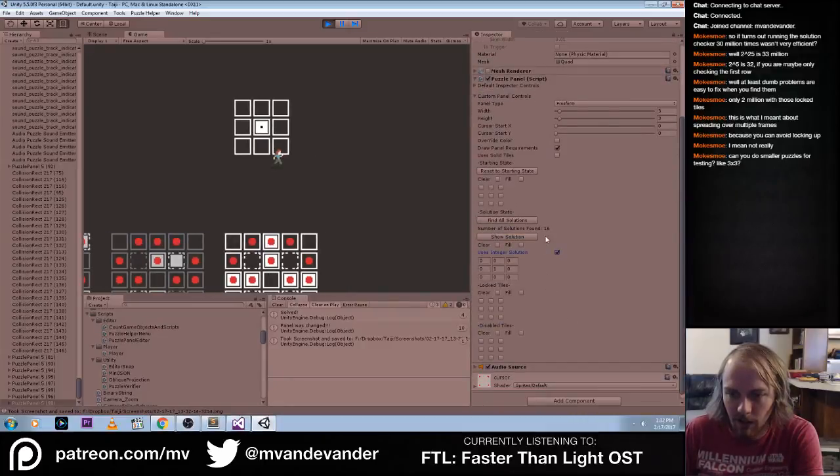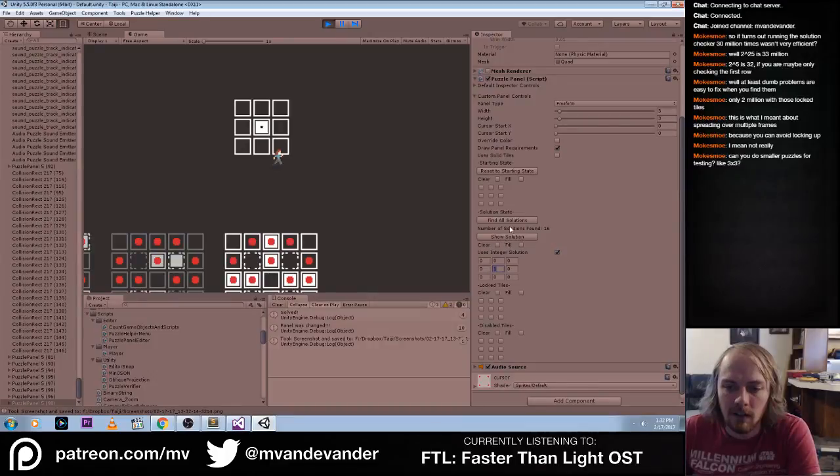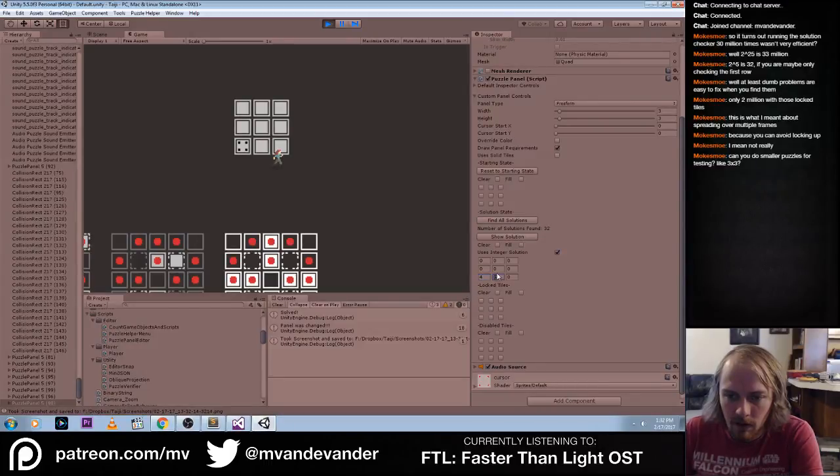I've got a little thing here that says how many solutions it found. It found 16. If I change this to a 2, it'll find 16 there. If I did it here, probably a different number of solutions.